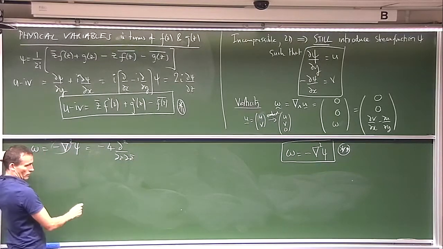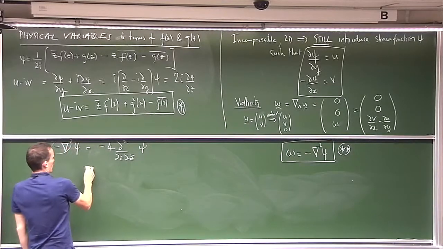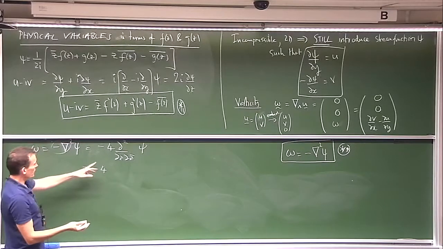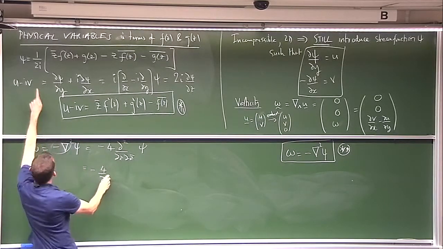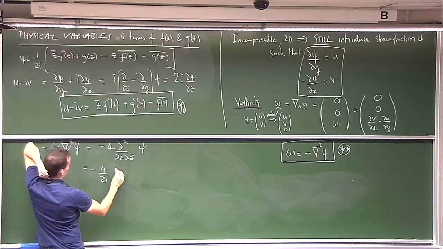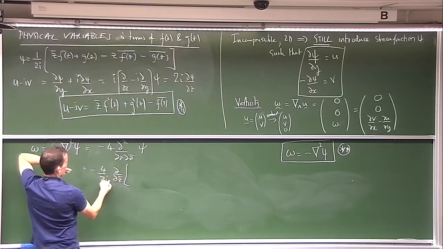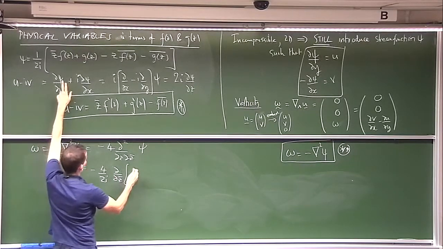We use that over there, psi. So just so you can follow what I'm doing here, I'll take 2i out. Let's keep d by dz bar out here. And then I just worked this out, didn't I? Now I just need to take the z derivative of that, which I just did.